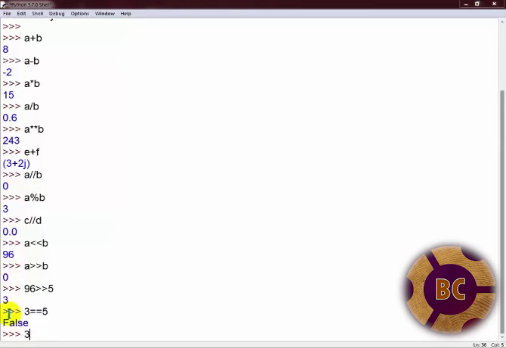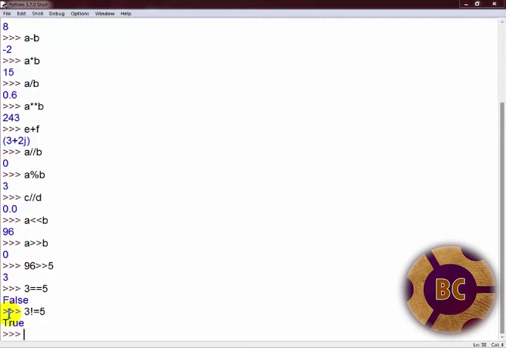Not equal sign in Python is exclamation mark followed by equal mark. 3 not equal to 5. The result is true.